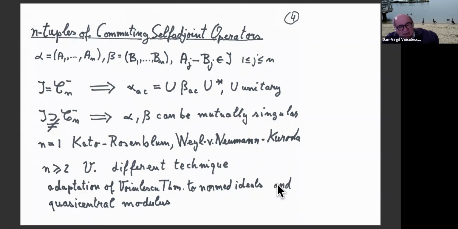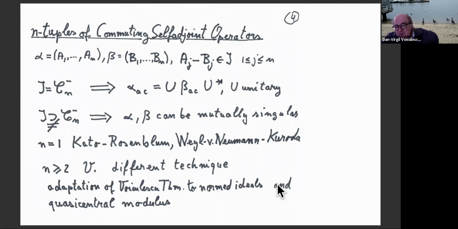If you have two N-tuples, alpha and beta, of commuting self-adjoint operators, so A_i A_j equals A_j A_i, and they are self-adjoint, and the differences A_j minus beta_j are in a normed ideal, that would be a perturbation of an N-tuple of commuting self-adjoint operators.